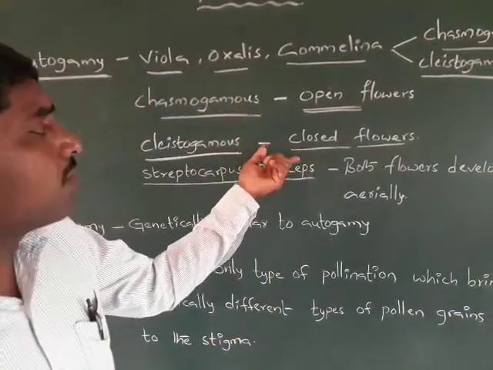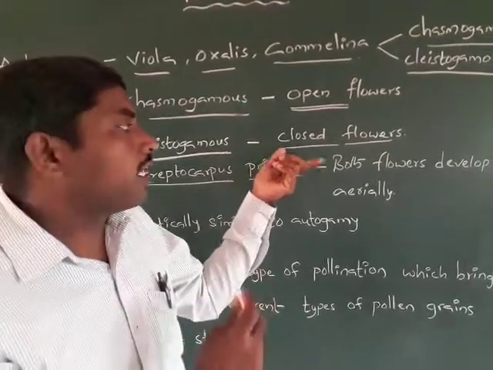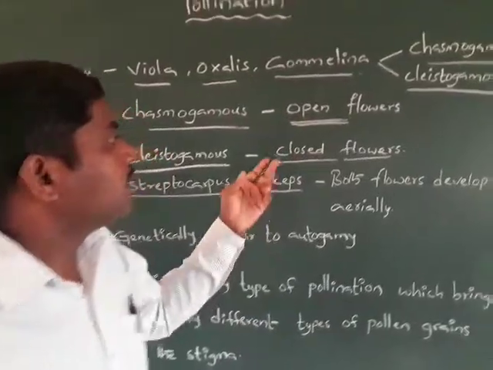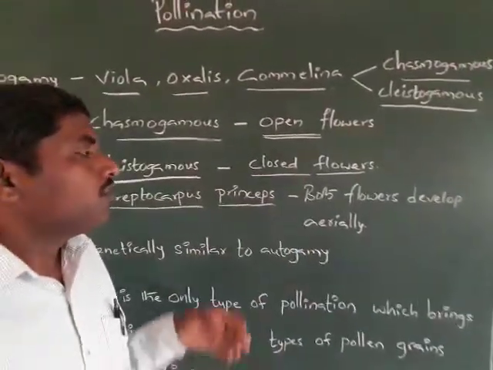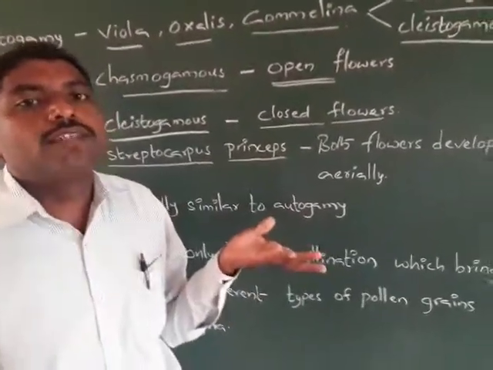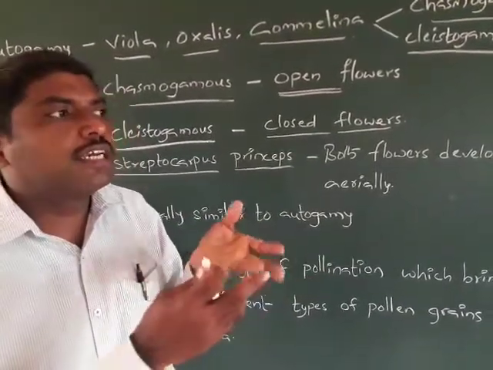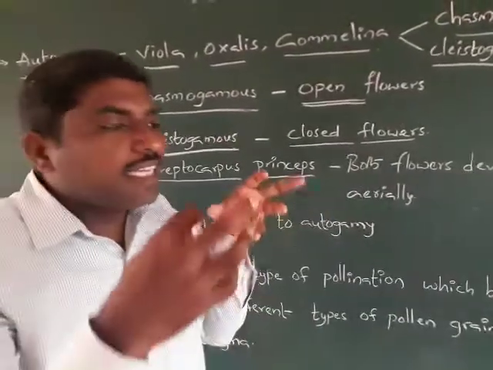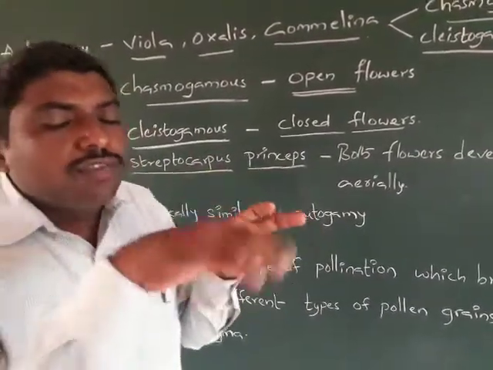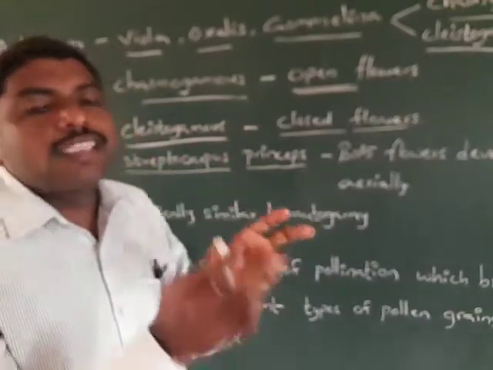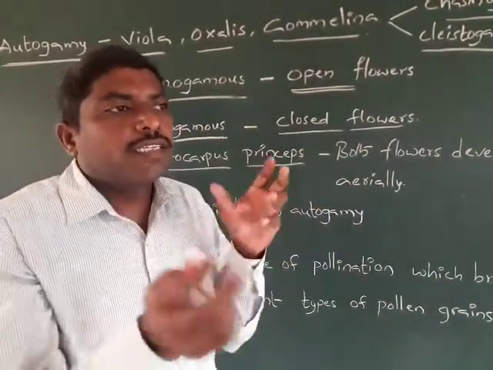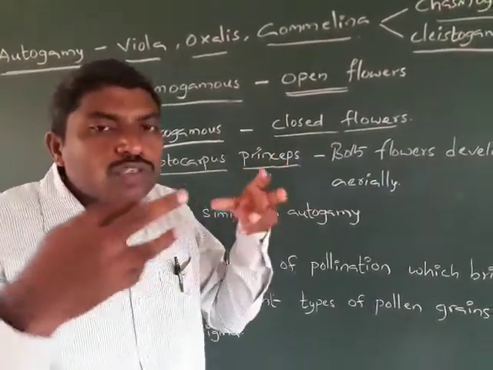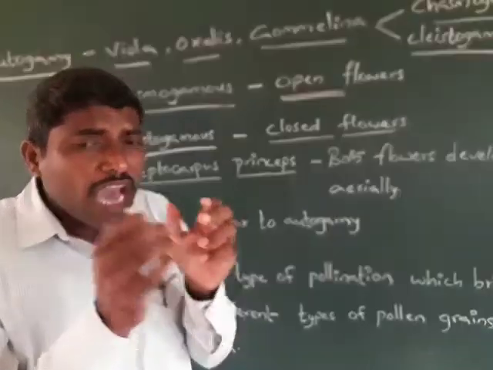So these flowers originate from the rhizome of the plant body, like Viola, Oxalis and Commelina. These are closed flowers, which means they do not open. The anthers and stigma are within the closed environment, closely arranged.